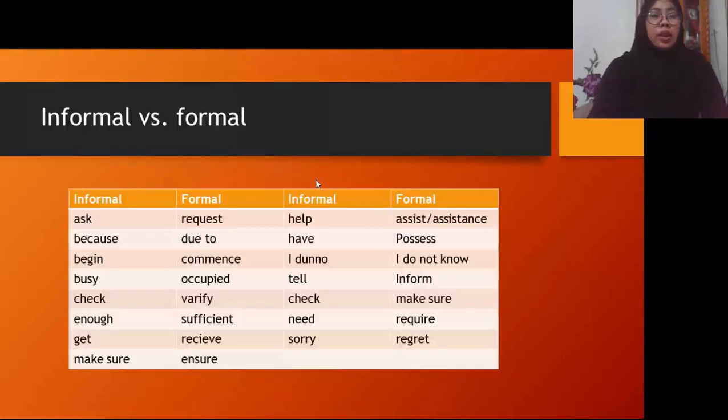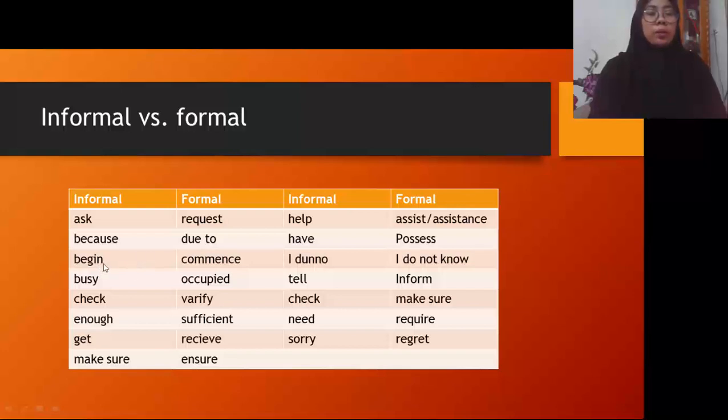Next, here there are some words where we can see the difference between informal and formal. For example, the word "because" can be used in informal, but for formal you can use "due to."